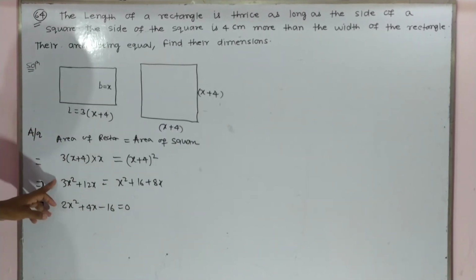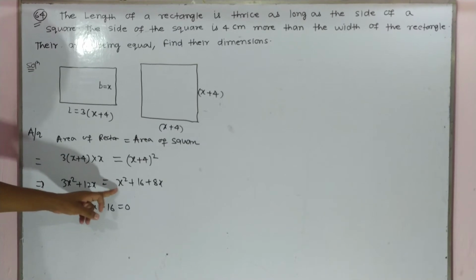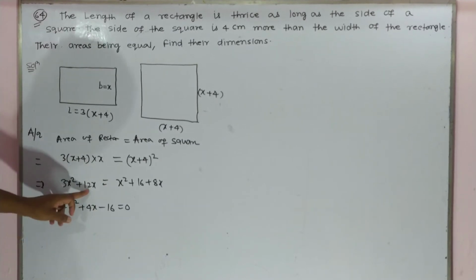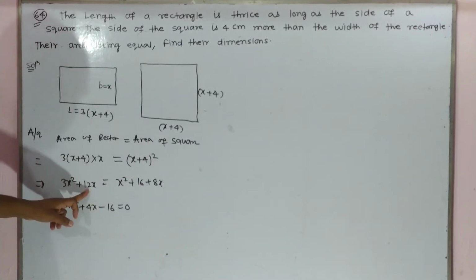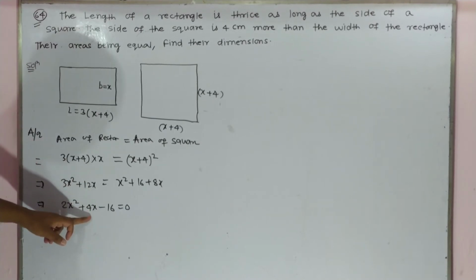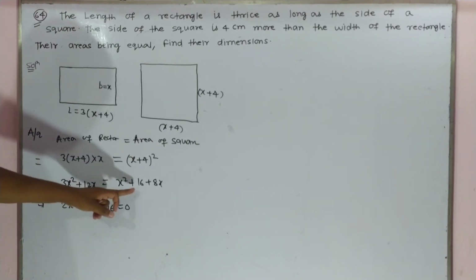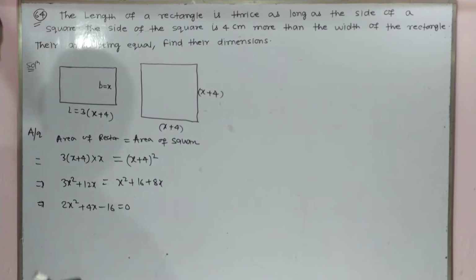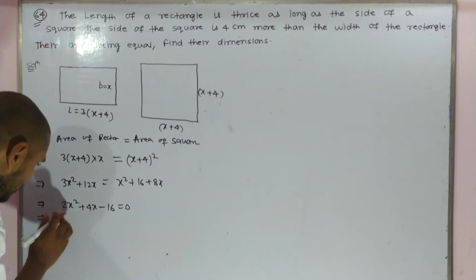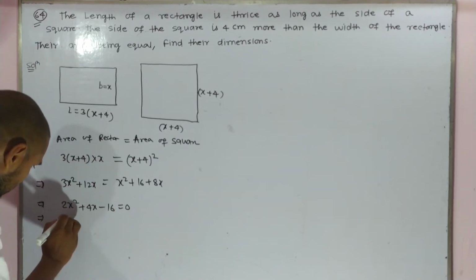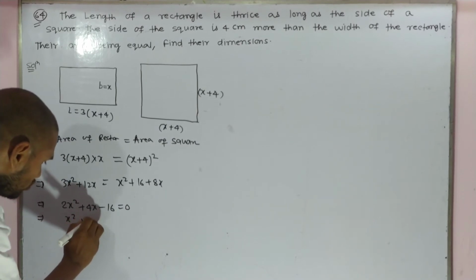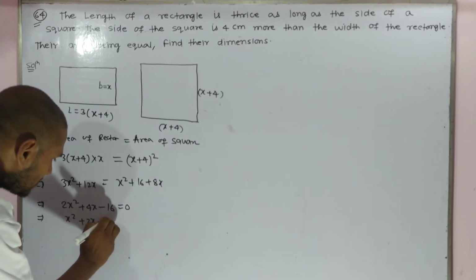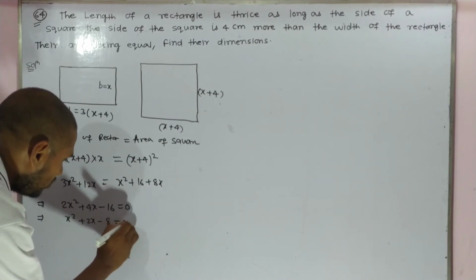You can write 3x square minus x square becomes 2x square, 12x, the 8x comes to the other side becomes minus 8x, that is 4x, and 16 comes to the other side becomes minus 16. If you divide by 2 on both sides, you get x square plus 2x minus 8 equal to 0.